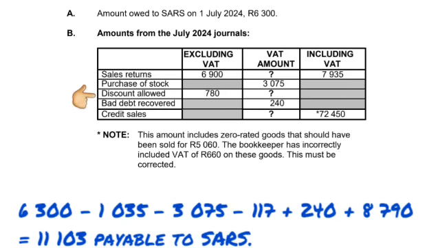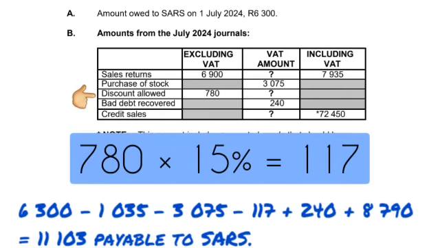And then next I go to my discount allowed. My discount allowed is 780 excluding VAT. I want the VAT amount, so I'm simply going to say 780 multiplied by 15% is equal to 117. The 117, I'm going to minus it as well because I did not receive that amount since I gave the person a discount.